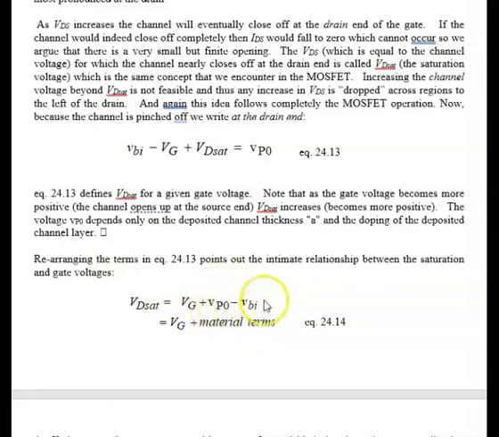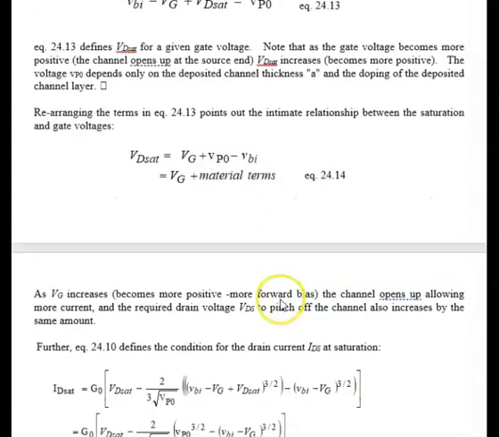All of these material terms are going to turn, magically, into the threshold voltage. So we'll see that in just a little bit. So at least so far, we have similar kinds of behavior. VG goes up, VDSAT goes up, and this at least has some potential. And that's what we're going to show right now.